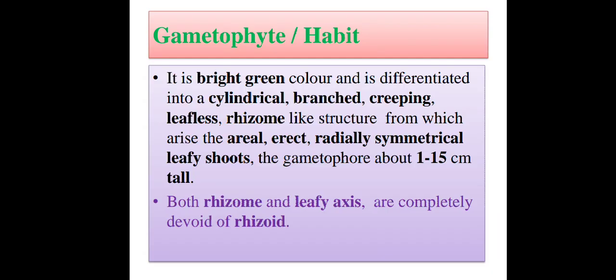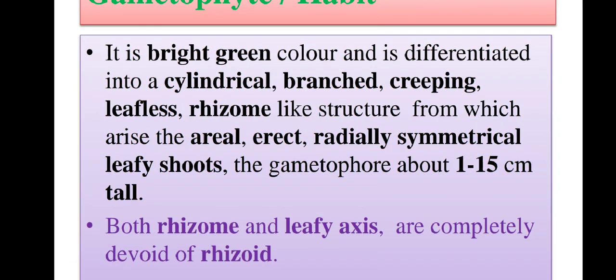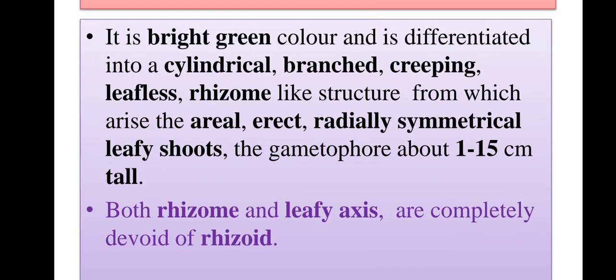Next, habit, also known as the gametophytic plant body. Habit means its body structure, and gametophytic plant body means it is differentiated into rhizoids, leafy stem and leaf.